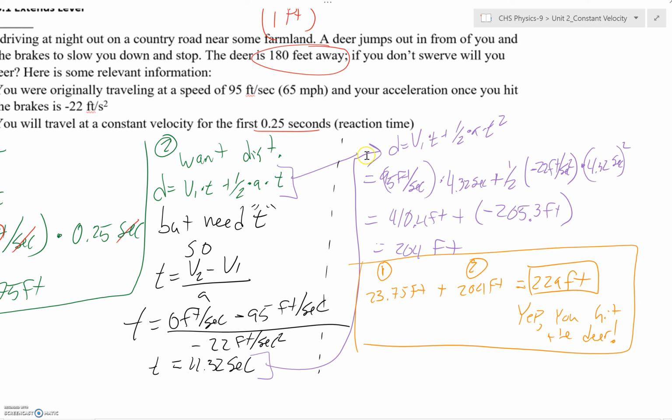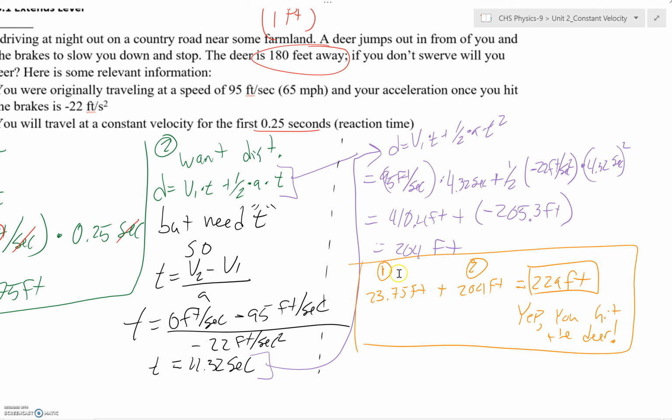Then we substitute in that time that we found in the original equation. Here's my work. Pause it if you need to look at it. But what we end up getting is 204 feet. So you will travel 204 feet before you actually slow down and stop.